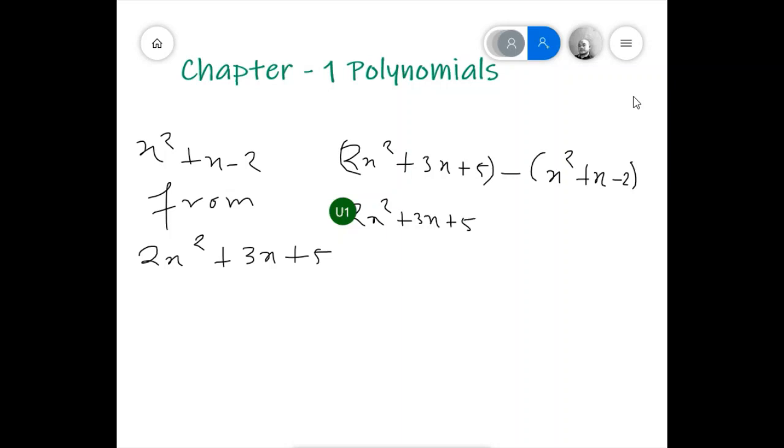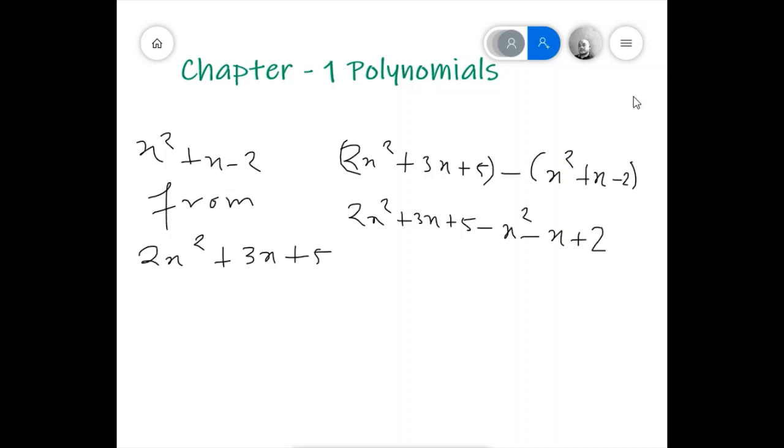When we open the bracket, it becomes what? Minus into x square is minus x square. Next comes minus into plus, which becomes minus x, and minus into minus becomes plus, so it is plus 2.